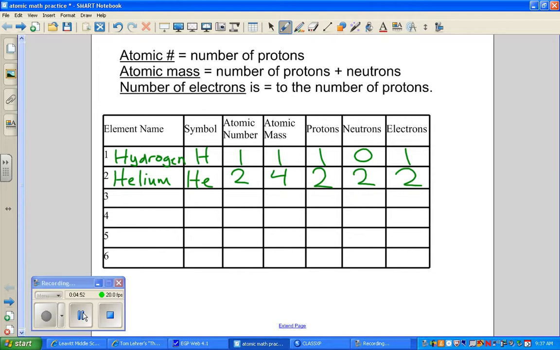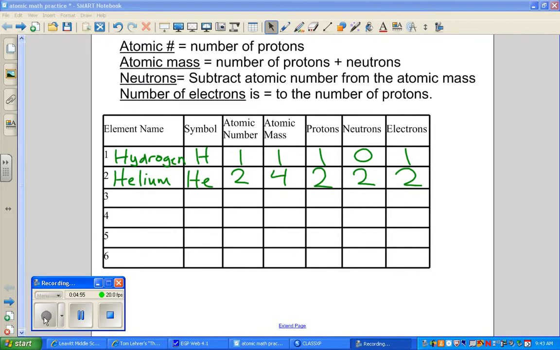All right, which element is next? Lithium. What's the symbol? This is like lithium batteries. Okay, what's the atomic number? 3. What's the mass? 7.